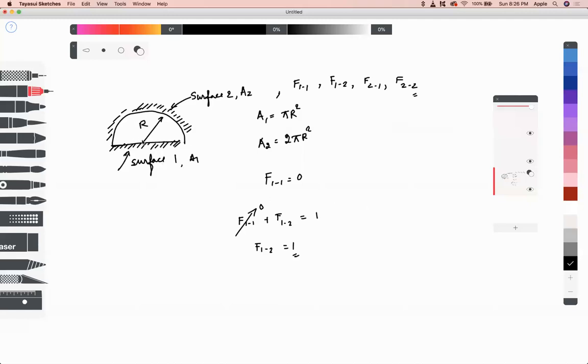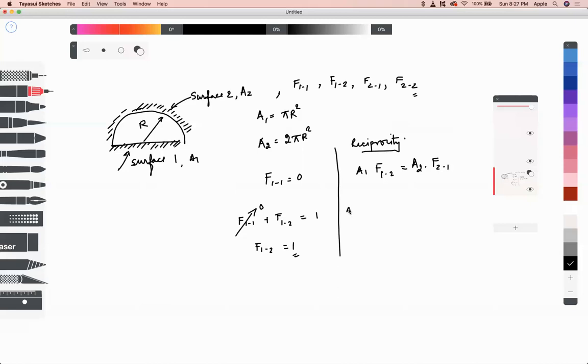Which also makes sense, since it's a flat surface, all the radiation coming out will be received by surface 2. Now, if we apply the reciprocity rule, A1 into F1 to 2 should be equal to A2 into F2 to 1.